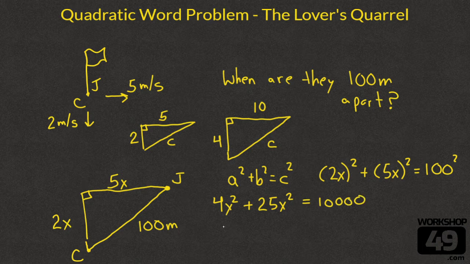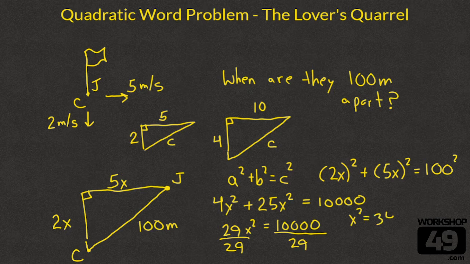Almost there. 29x squared equals 10,000. We divide both sides by 29. And we're left with x squared equals 344.8.